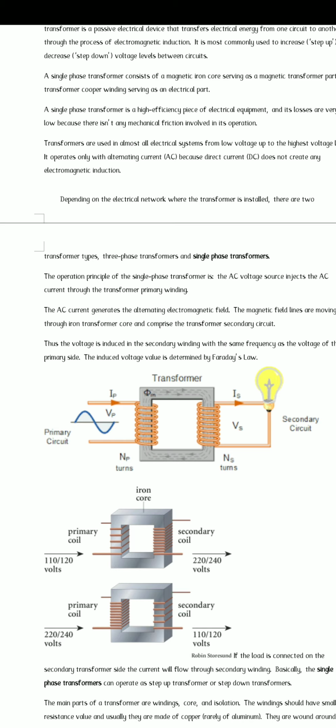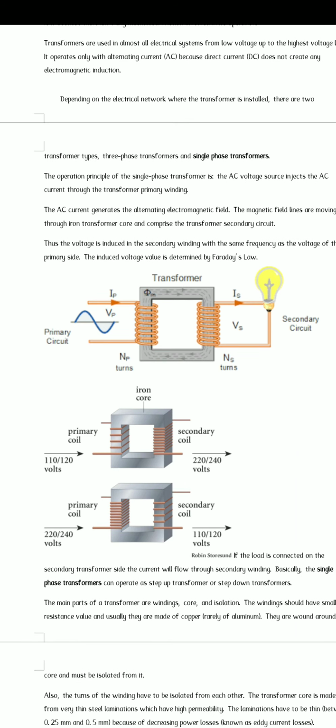Additionally, they are classified into the auto transformer, which is also called a variac. Then there is the isolation transformer, which means the primary and secondary voltages are the same. In the second diagram, it shows the ideal transformer. Ideal transformer means the input and output supply voltage are the same.